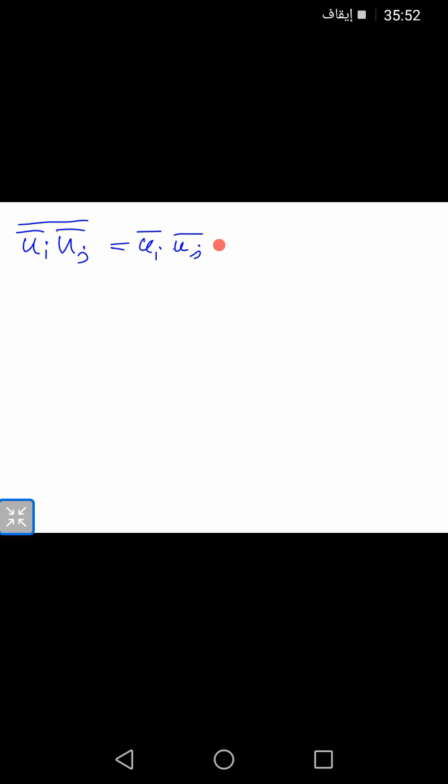This is not UI, UJ bar. This is very important to understand. Yes, you are allowed to not write this bar, because the product under that bar is a constant value, so essentially you have one single sample.